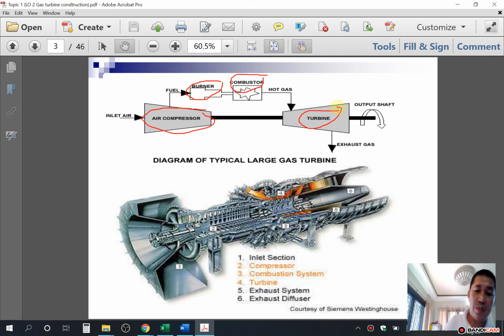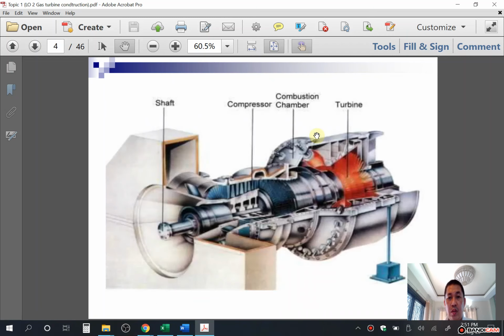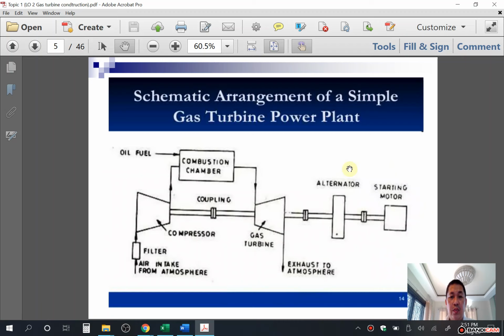So these are the basic components of the gas turbine. We have here the shaft, the compressor, combustion chamber, and the turbine.